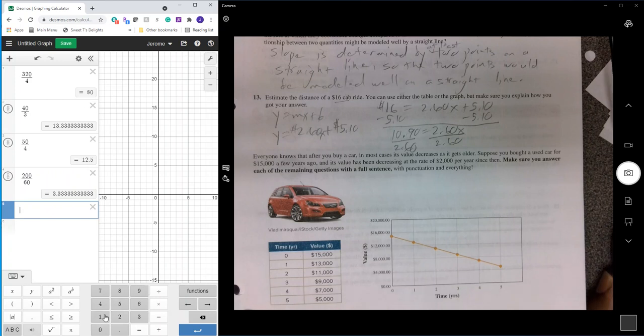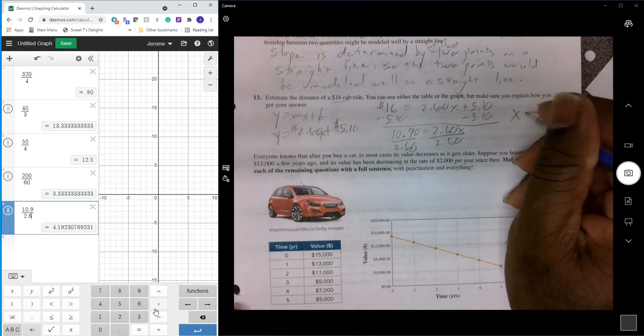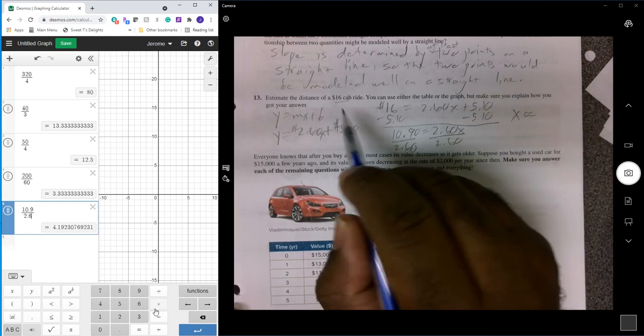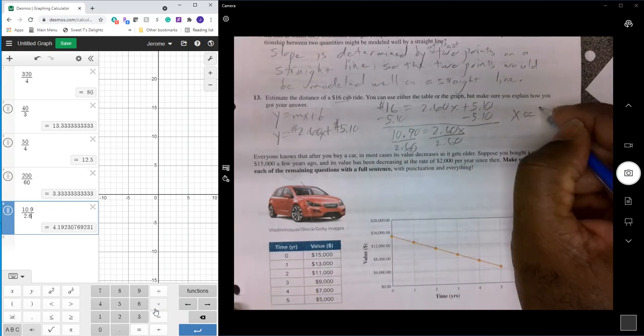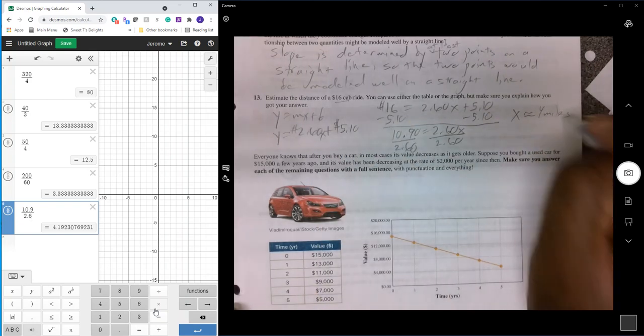We have 10.90 divided by 2.6. So that'll be approximately 4 miles. So x, if we round it to miles, because we're estimating the distance, will be approximately 4 miles.